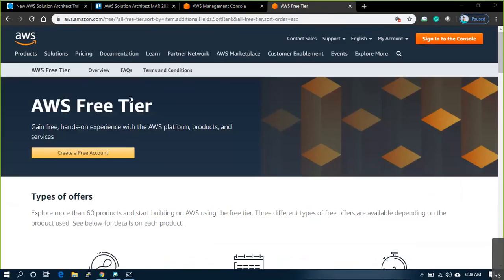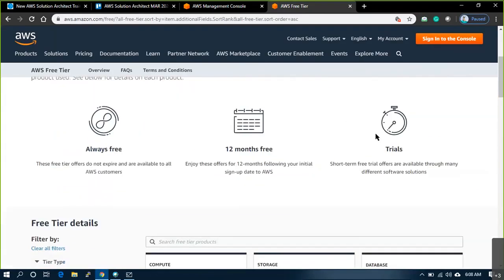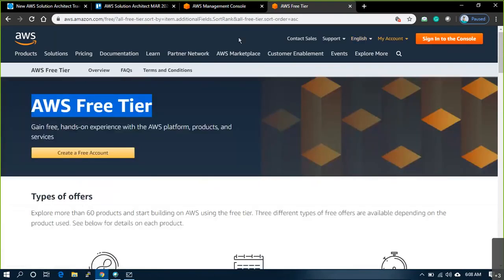Normally you'll get a free subscription. It'll not say free subscription. This free tier is applicable for anyone who enrolls for an AWS account.